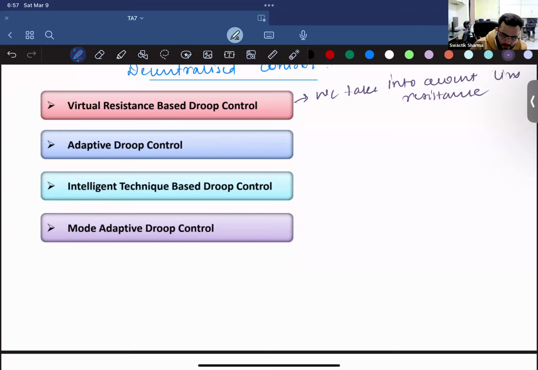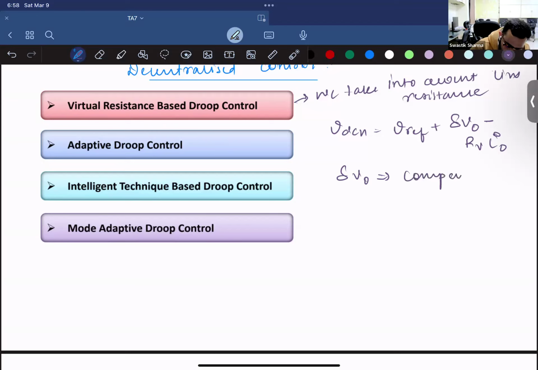Once we take the line resistance into account, the equation would look something like this: some reference voltage plus the earlier compensator voltage minus your virtual resistance term. This delta V naught is a compensation for your secondary and your droop control method.